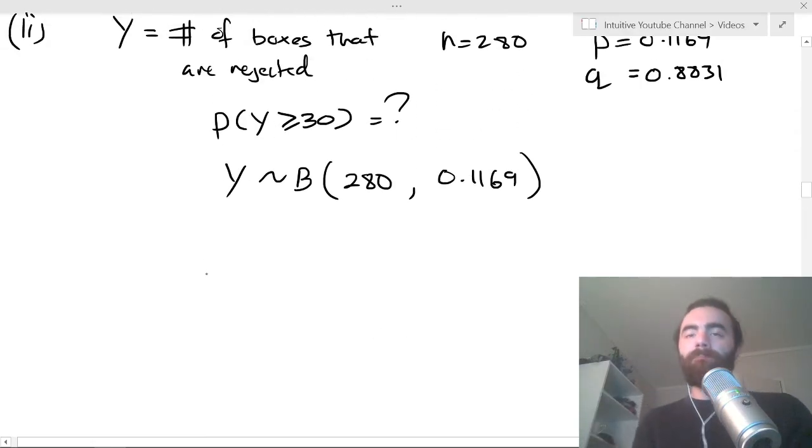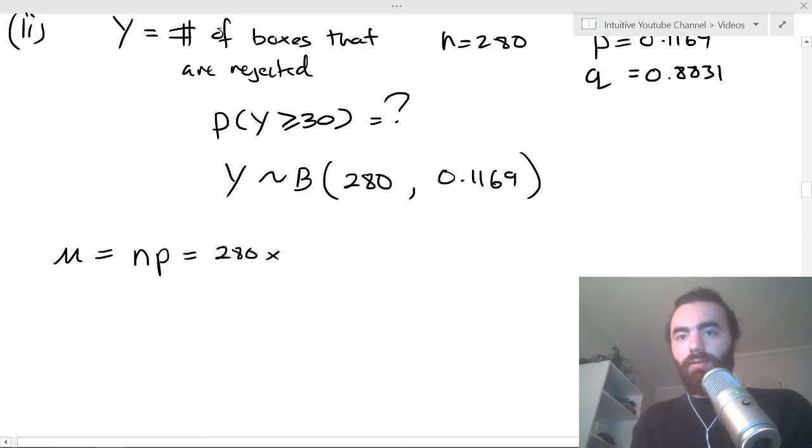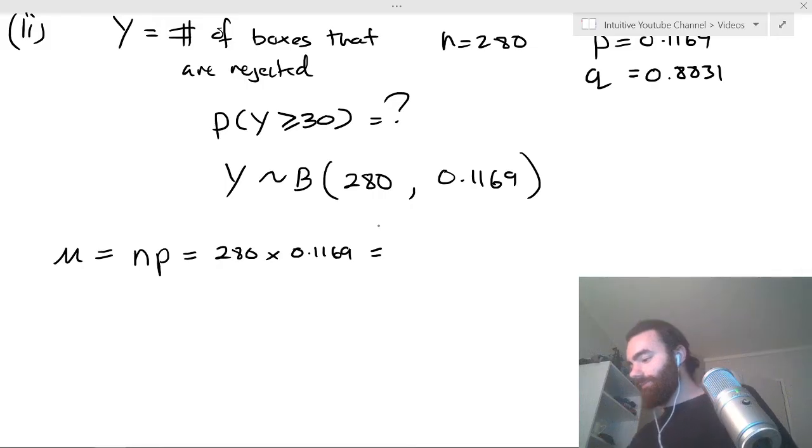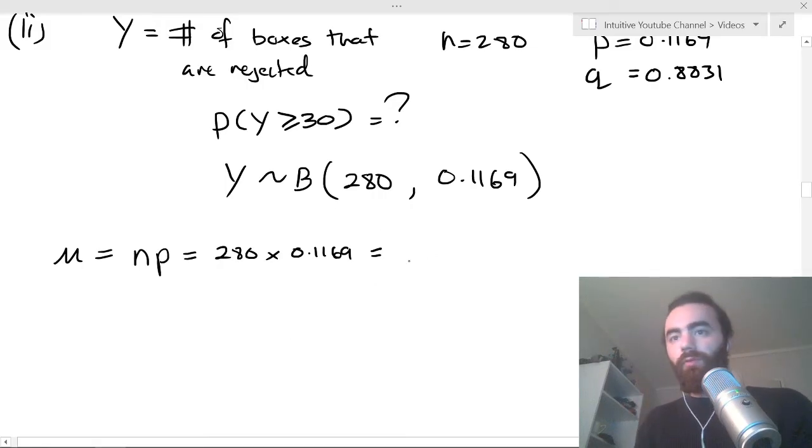So our normal distribution for Y has a mean of np, which equals 280 times 0.1169, which equals 32.73.